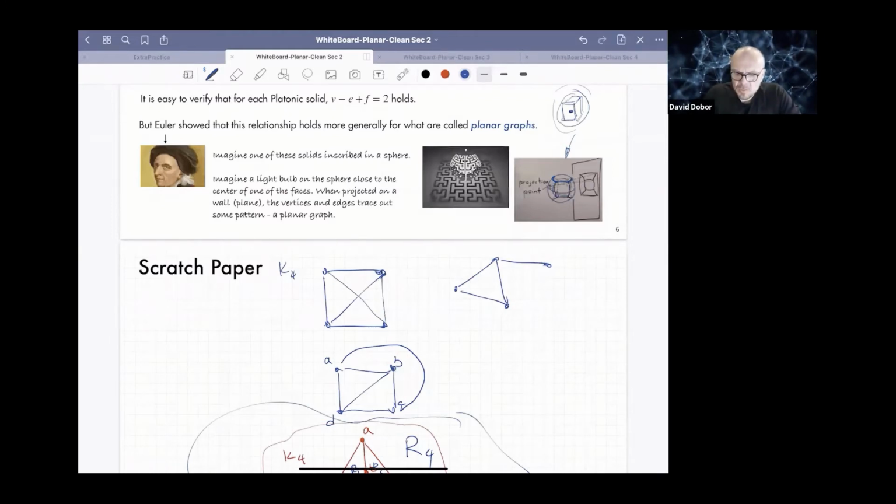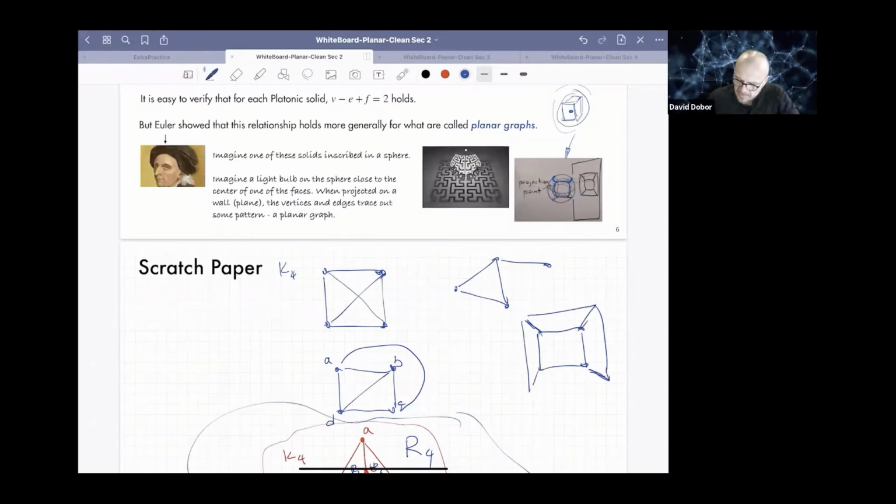Now, if you take a source of light and shine it from here, so you imagine actually taking a cube and removing one of the faces, stretching the edges and gluing it on the wall. What you get is a planar graph that looks like that. So this is one side, this is another side of a cube.